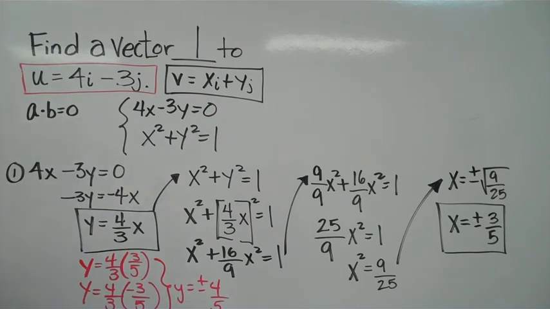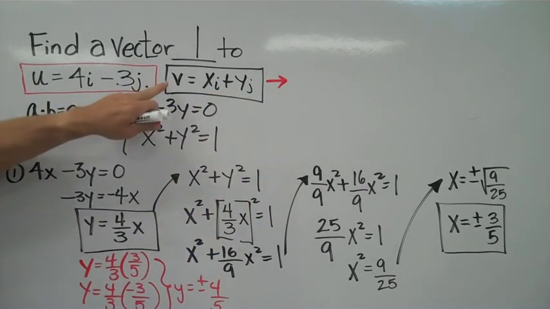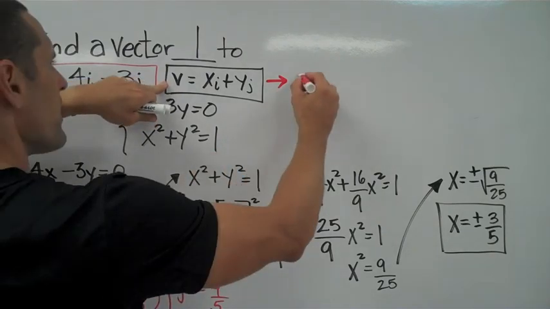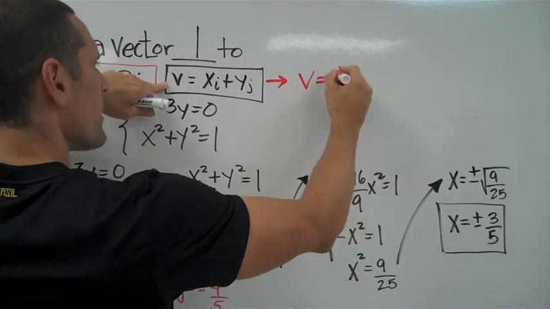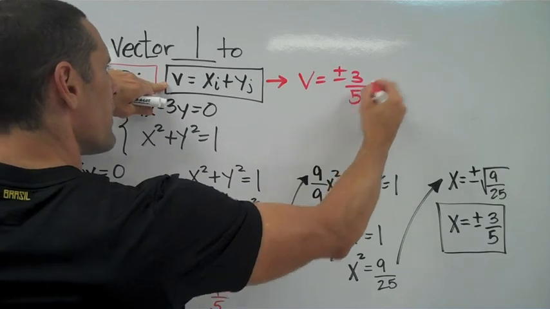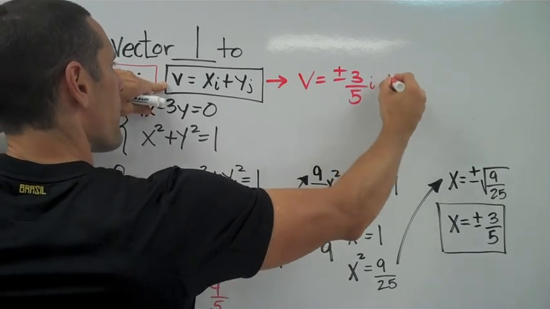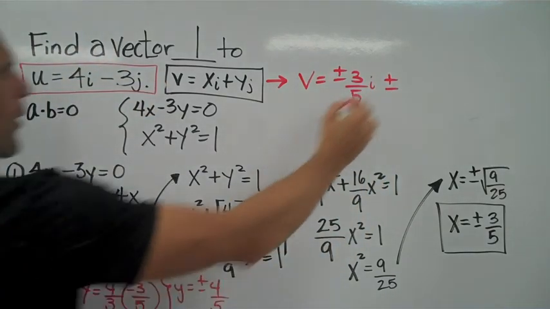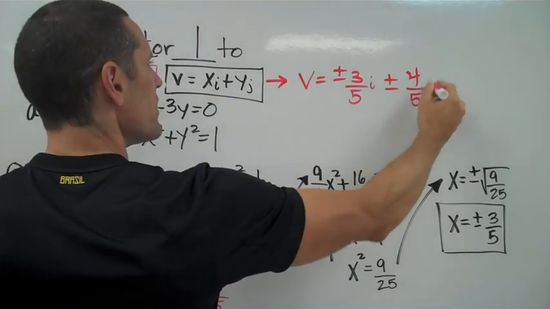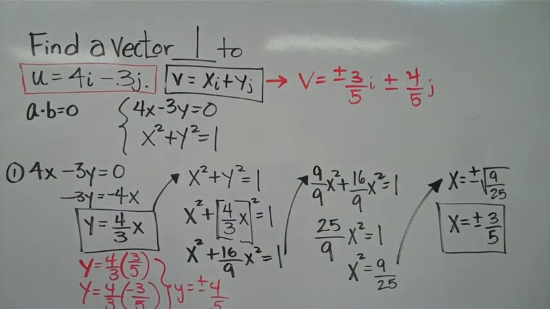So I know that my x is plus or minus 3 over 5, and my y is plus or minus 4 over 5. Well, I was looking for this. Ultimately, I want to find v. V will be plus or minus 3 over 5 i plus or minus 4 over 5 j. And that is my final answer. That's a hard problem.